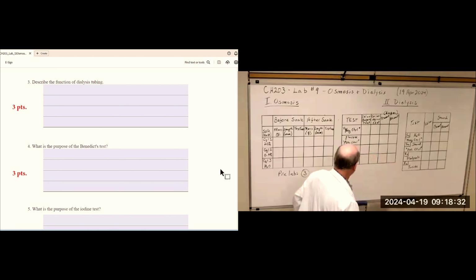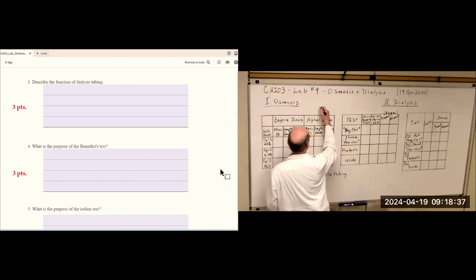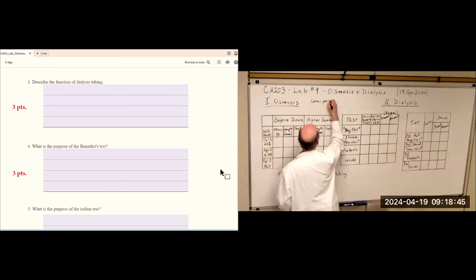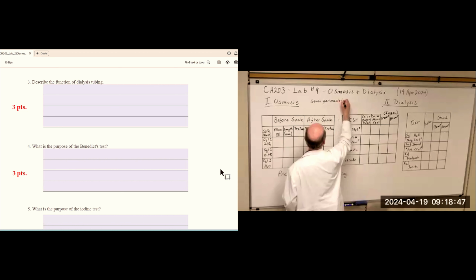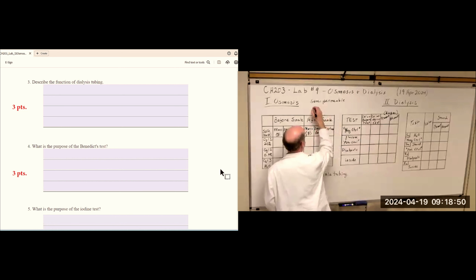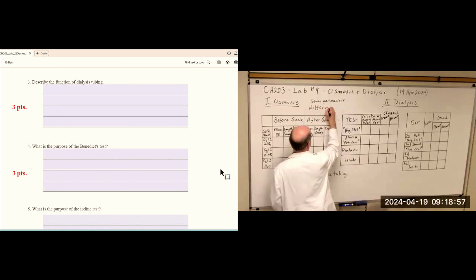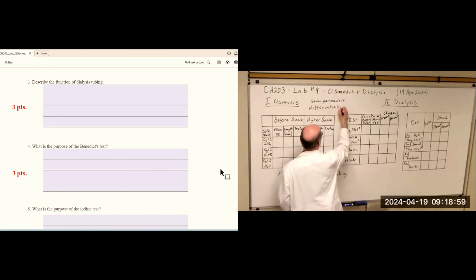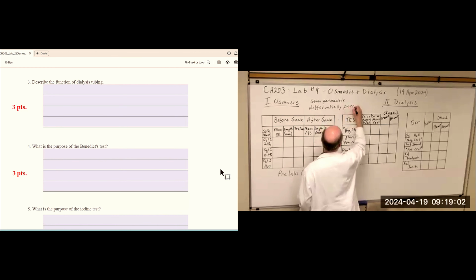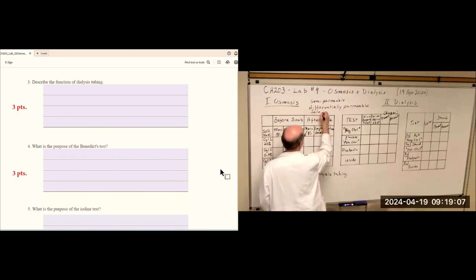Now, there's a contrast between the semi-permeable membrane and there are two words for this, either differentially permeable or selectively permeable.